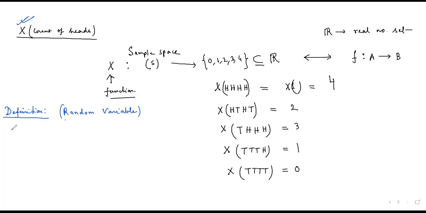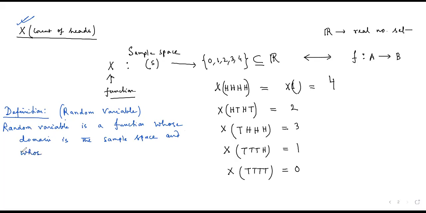So what a random variable actually is: a random variable is a function whose domain is the sample space, and whose codomain or range, whatever you call it, is a subset of the set of real numbers.